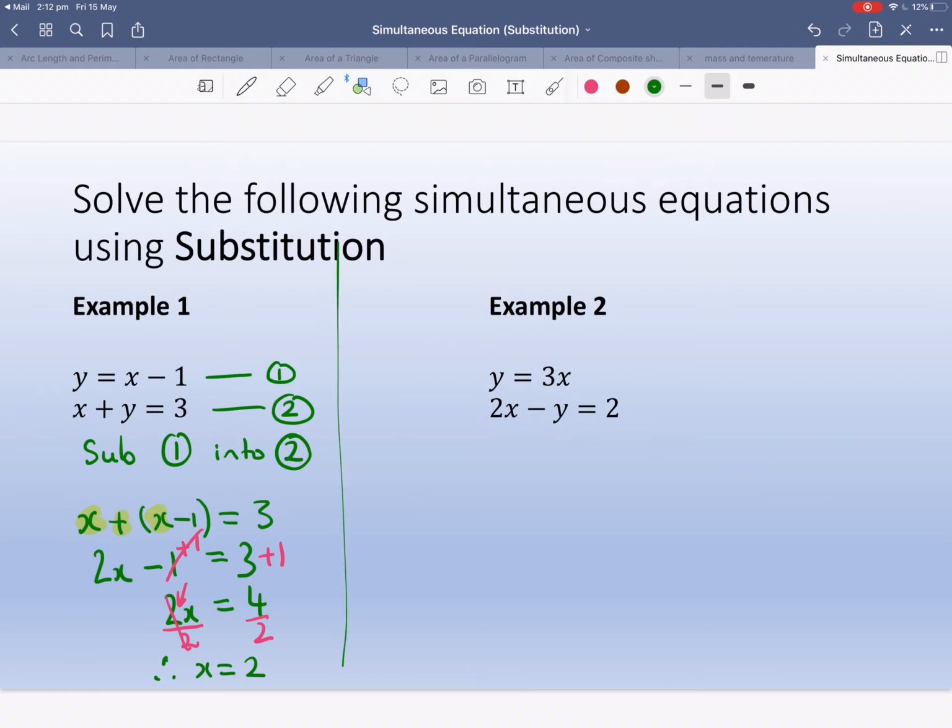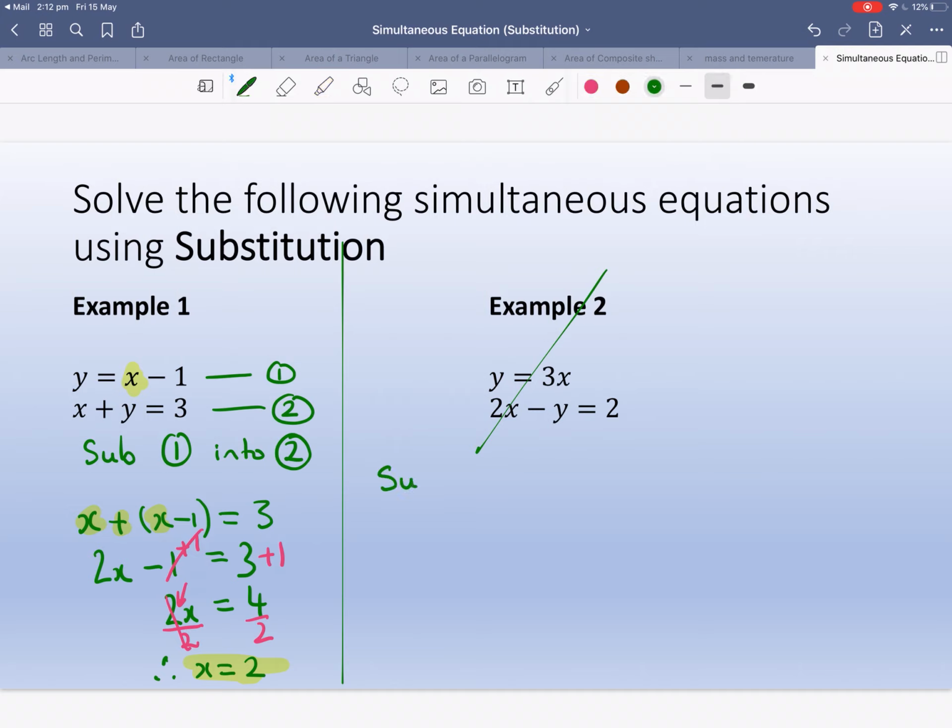Now I'm going to have to give myself a bit more space, so I might write over example 2 and we'll use the other space for the next example. So I've got x equals 2. Now I'm going to sub the value of x equals 2 into one of the equations, but I need to explain it.